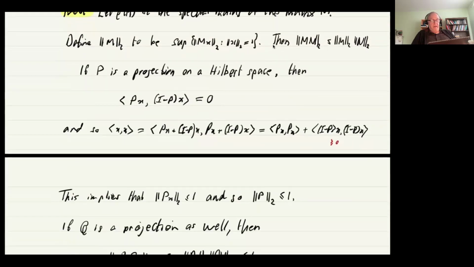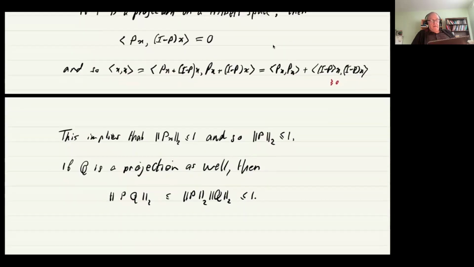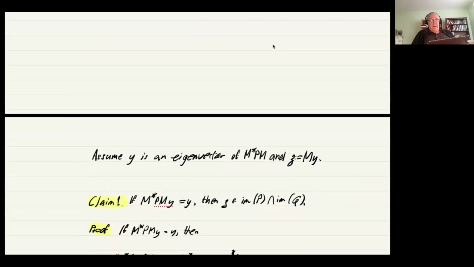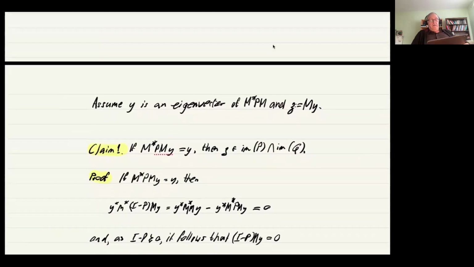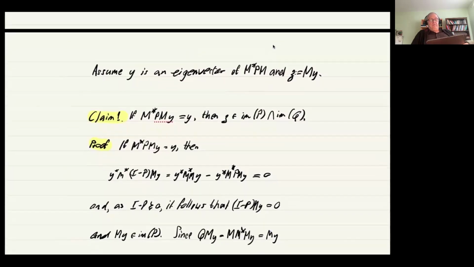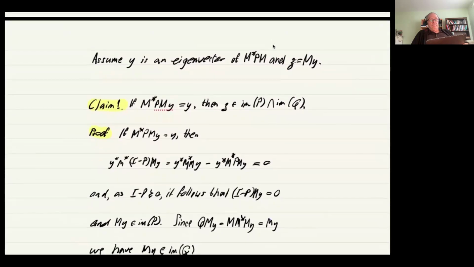Okay, so that's what I just said. Basically what we're going to do is get some information about the eigenvector. Our assumption is we've got an eigenvector y of MPM and a vector z, which is M times y.